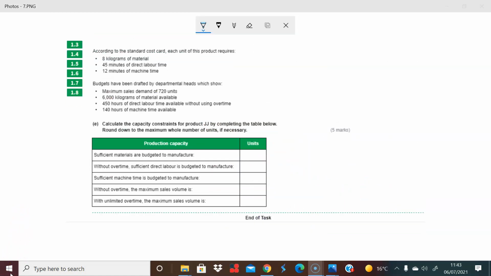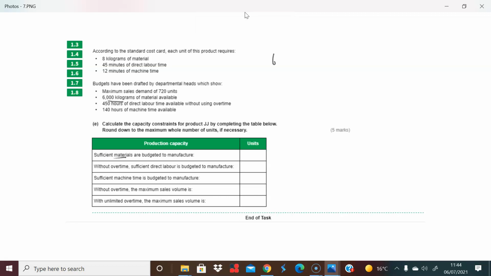Okay, so we have some interesting information here about production capacity. We see a scenario where they're telling us you need 8 kilograms of material to make each of these units, but you currently have 6,000 kilograms of material. The question is asking, with the material you have, how many units can you make?